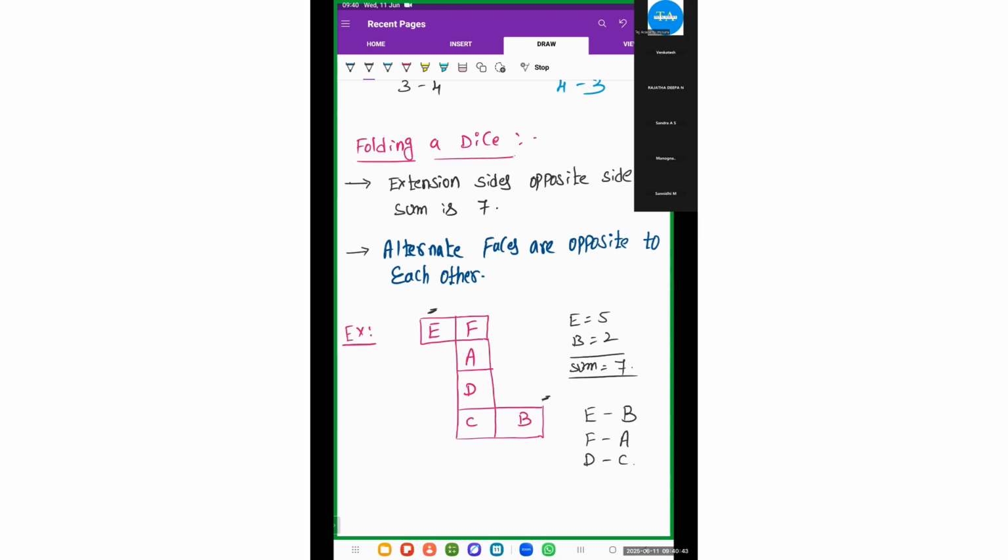Yes, sir. Why? Because their sums are 7.